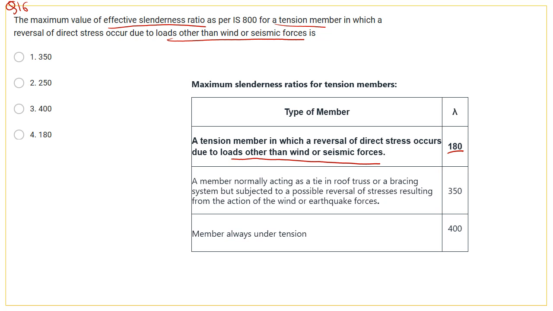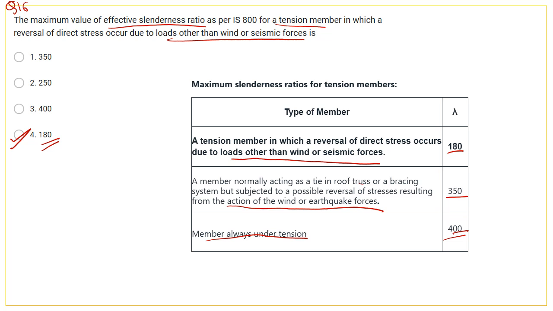Here, members normally acting as a tie in roof trusses or in bracing, and that are subjected to reversal of stress due to wind or earthquake load, the slenderness ratio is 350, and if the members are always under tension, then the slenderness ratio is 400. So here in the question they ask about loads other than wind or seismic forces. Then option D is correct, which is 180.